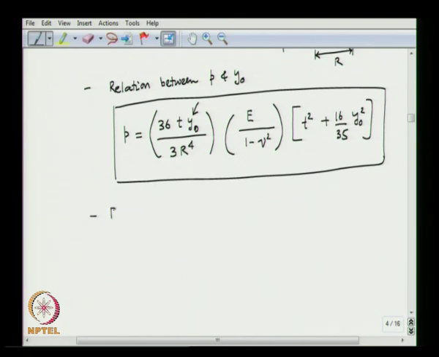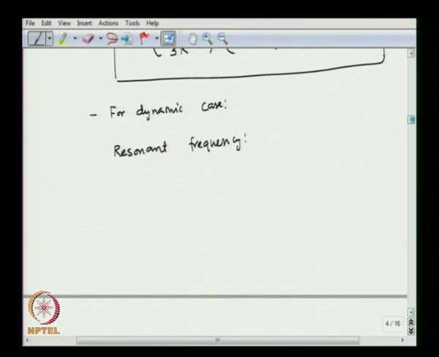Now, for the dynamic case, we can determine the resonant frequency. So, the resonant frequency can be expressed as Fkn equals 2 pi beta kn square into d over m.